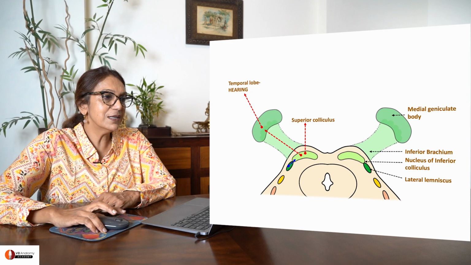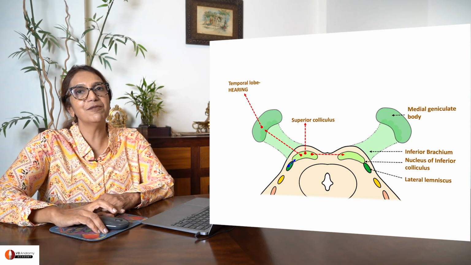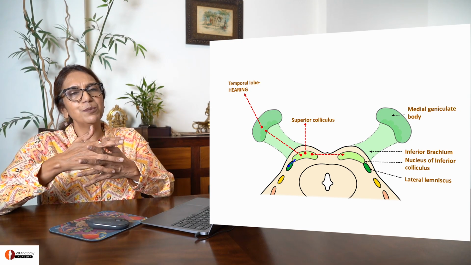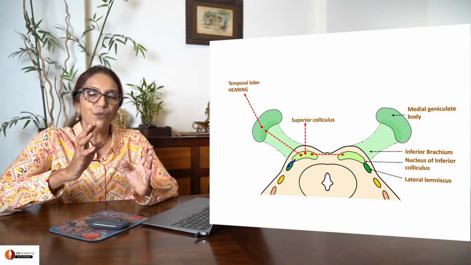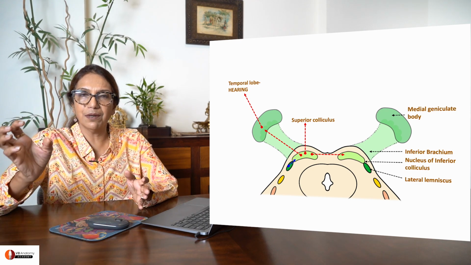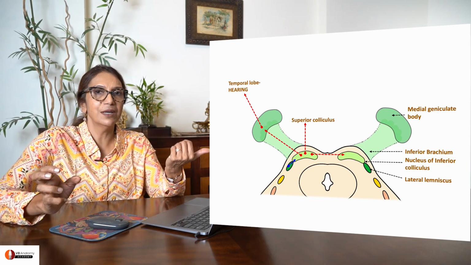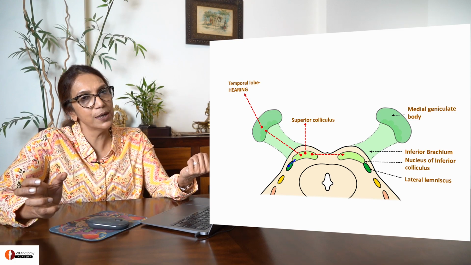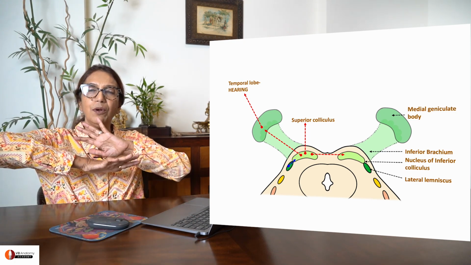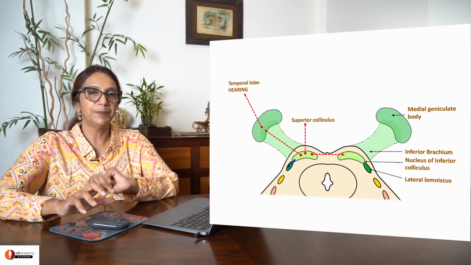Similarly, inferior colliculus also informs the opposite inferior colliculus, because auditory stimuli tend to mix up quite a bit. So one auditory stimulus in one inferior colliculus gets informed to the opposite inferior colliculus. This is how auditory stimuli are spreading.